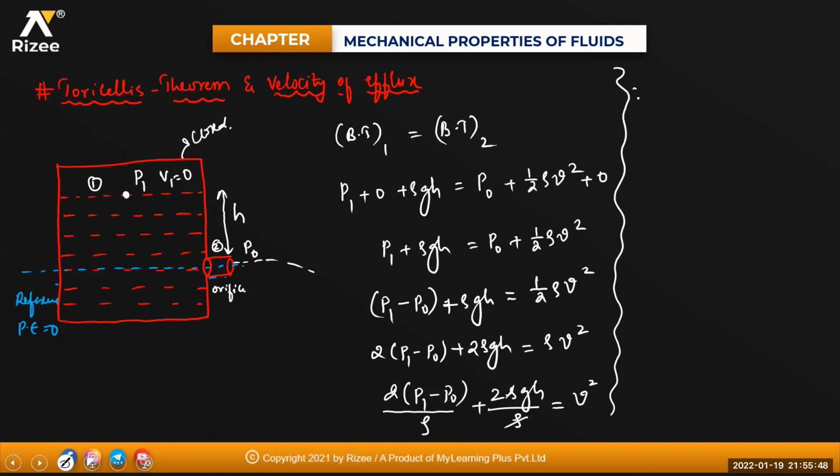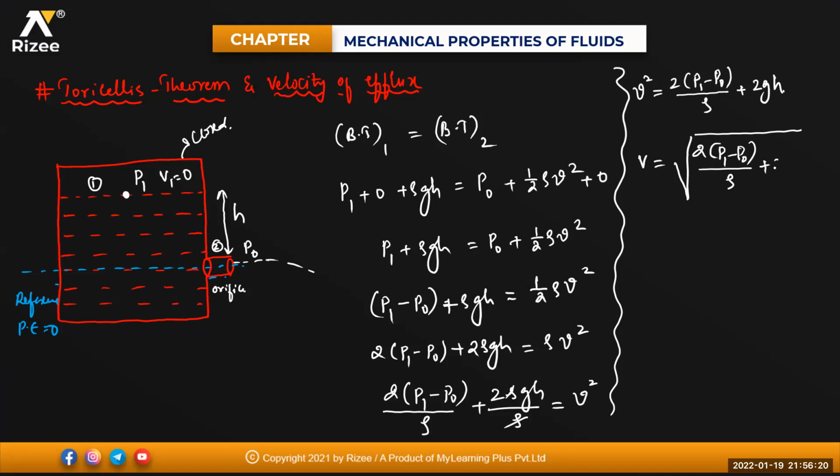So v square is equal to 2 into P1 minus P0 divided by rho, plus 2g into h. That means velocity v will be equal to under root of 2 into P1 minus P0 divided by rho plus 2g into h.